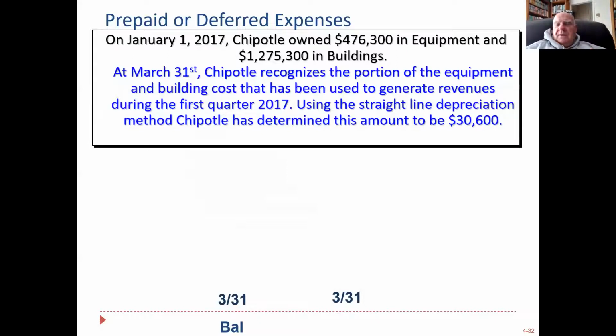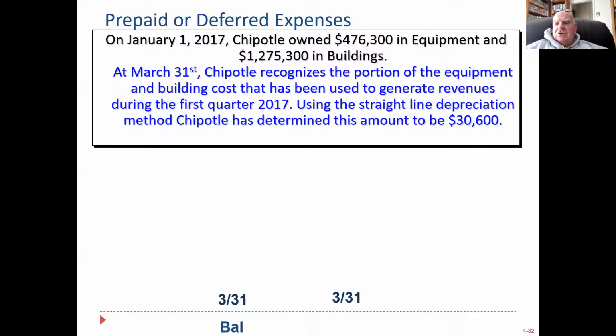Here we go. Here's your other prepaid, not prepaid, your deferred expense, depreciation expense. This is the one you should always be hoping is on the test, because the debit and credit is always the same, no exceptions. You're going to debit depreciation expense, and you're going to credit an account called accumulated depreciation.